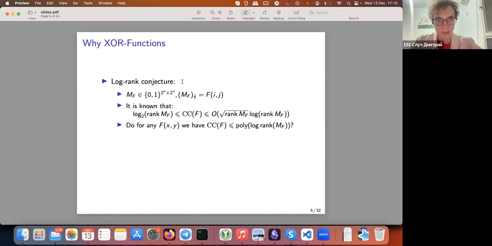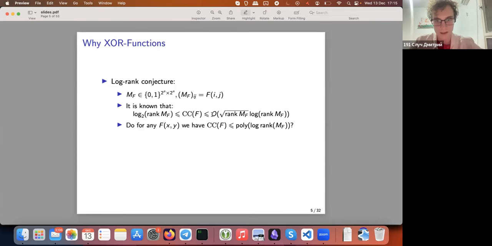We name a matrix of size 2 to the power of n times 2 to the power of n the communication matrix of function f, if in the cell ij is written the value of f on the strings i and j. It's known that communication complexity is lower bounded by the logarithm of the rank of the communication matrix, and there exists a polynomial upper bound.